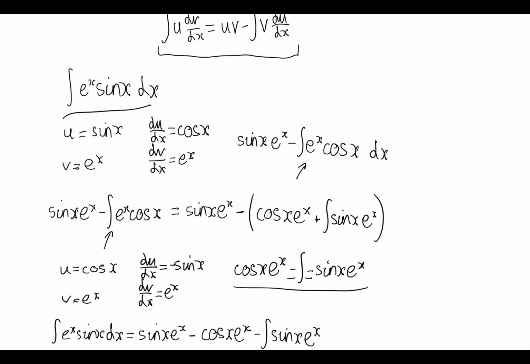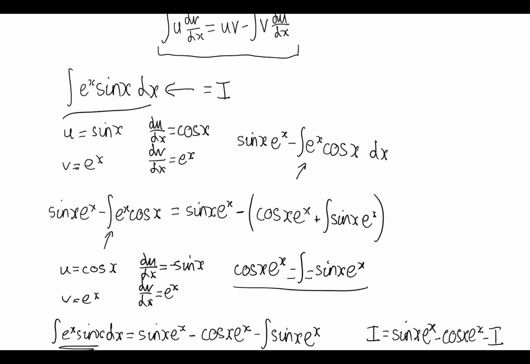Now, if we let this integral equal I, we notice we have the same integral on both sides of the equation. So if we replace the integral of e to the x sin x with I, we're going to get I is equal to sin x e to the x minus cos x e to the x minus I.